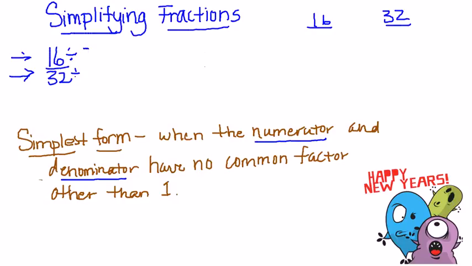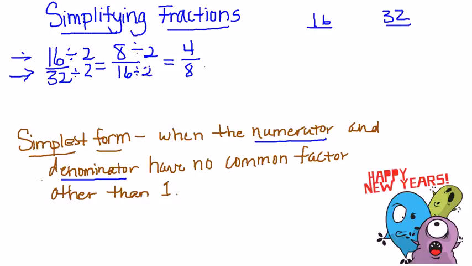2. All right, so I'm going to go ahead and divide. 16 divided by 2 is 8. 32 divided by 2 is 16. Now notice again, my two numbers are still even, so that means they're divisible by 2 again. So basically we're just going to keep breaking it down until it can't be broken down anymore. If I do that, I get 4. And if I do that, I get 8. Can I divide it?